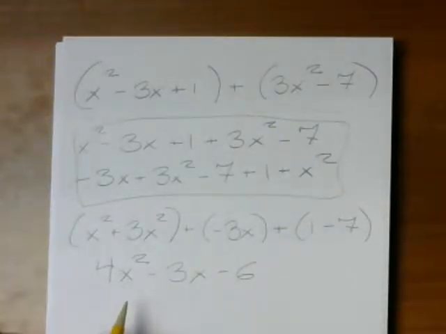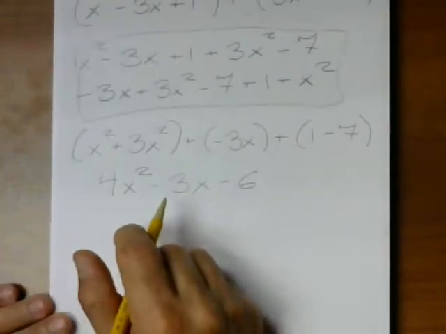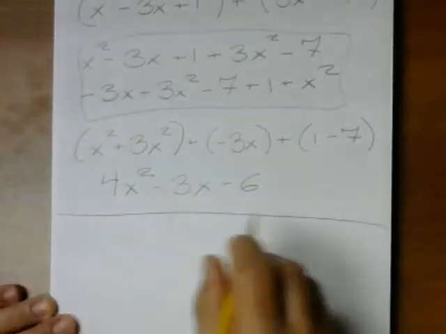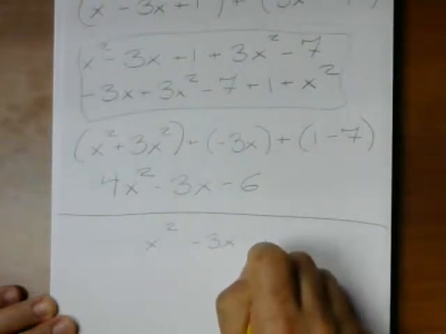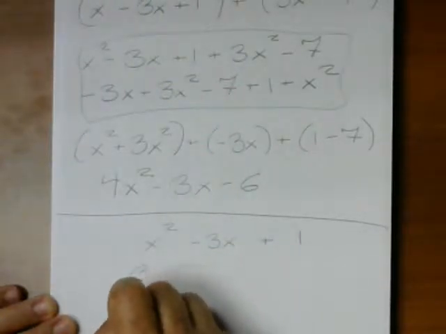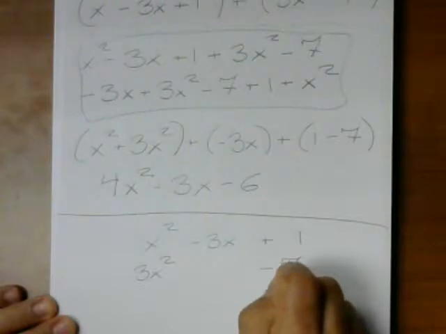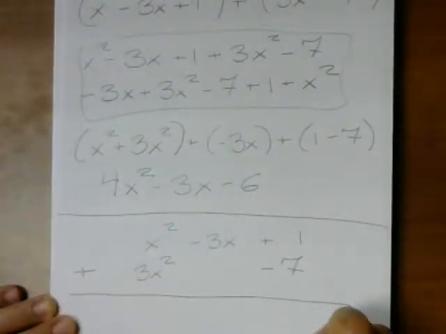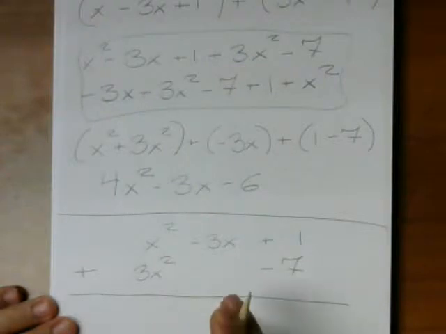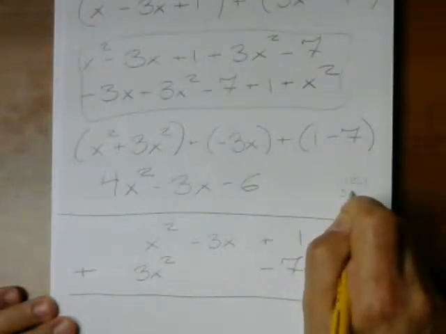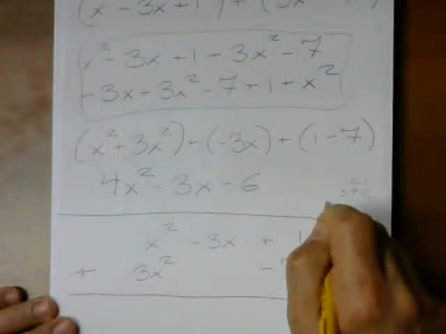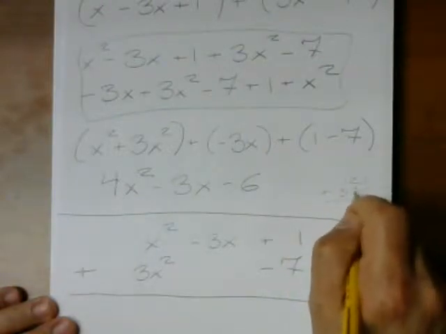Now, of course, there's another way I could do this as well. If I really wanted to, I could line these up. X squared minus 3x plus 1, 3x squared minus 7. And I can add them like this. This is sort of like the long addition method when we're trying to add 121 and 392. And we want to add up, and then we can just go down.